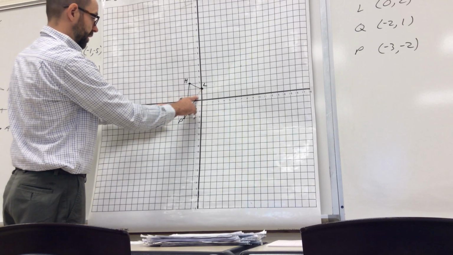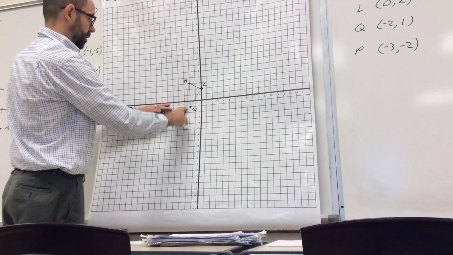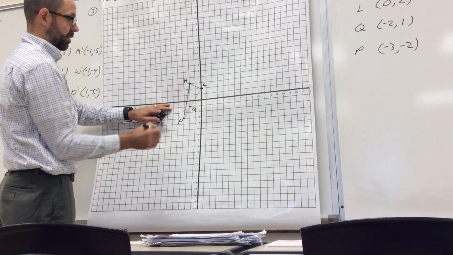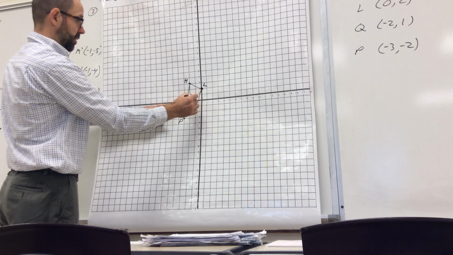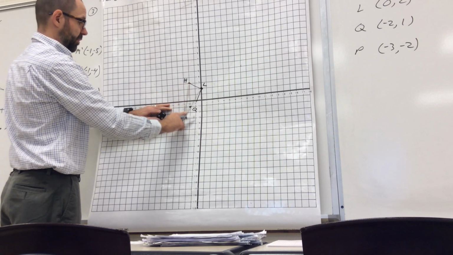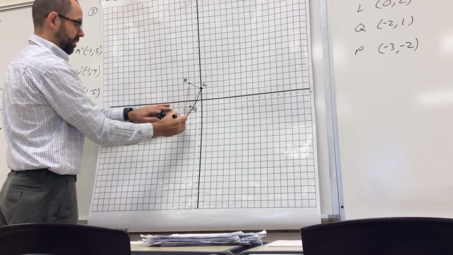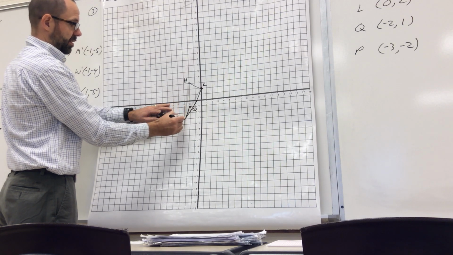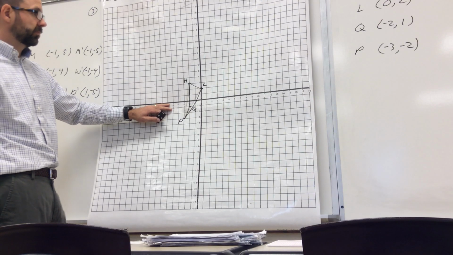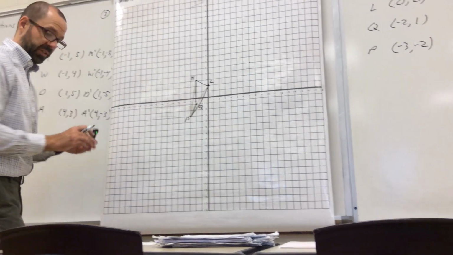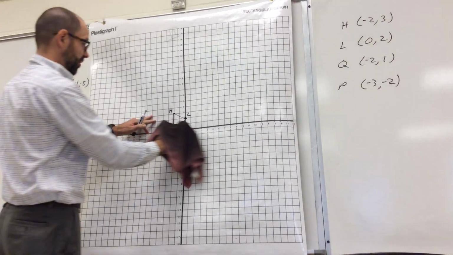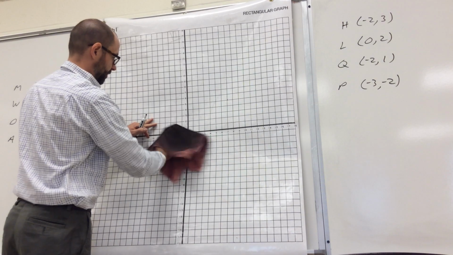I want you to connect H to P and then L to P. No, sorry. L to P, P to there, and H to there. Q is supposed to be -2 and 1. Yeah, that's wrong. No problem. Let me fix this. Thank you for being patient with me. I really appreciate it. I'm trying to use this newfangled thing here that's messing me up.